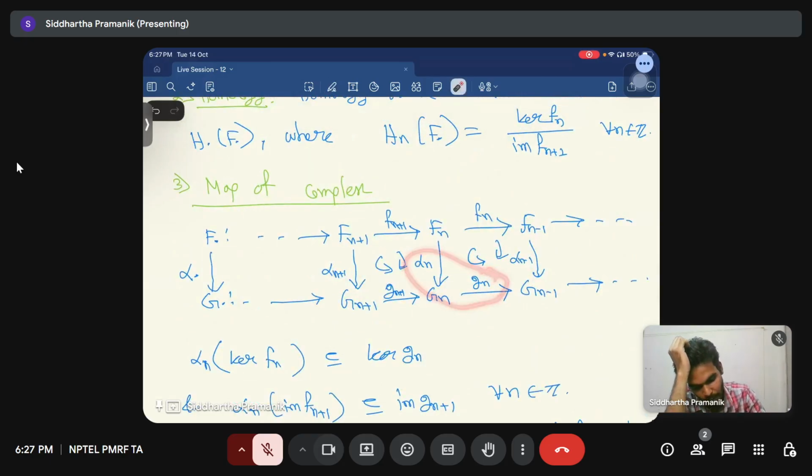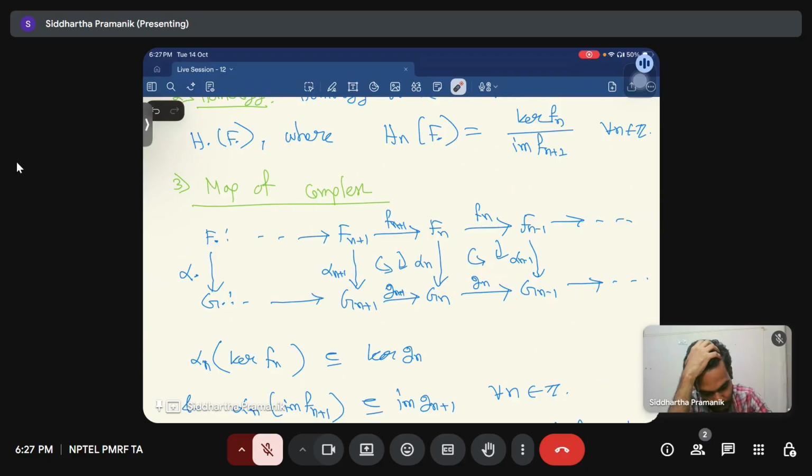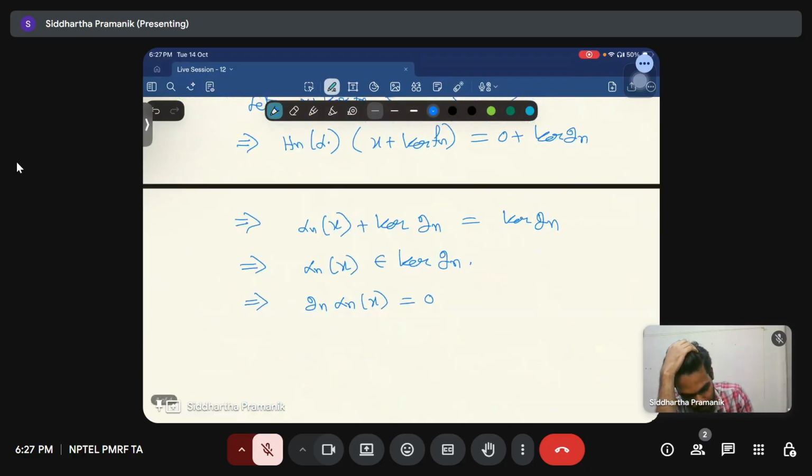Our x is here, and x maps to here is 0. So from this side also it will be 0. So it is alpha n minus 1 composed with fn. So this implies alpha n minus 1 fn of x equals 0. This is by commutativity of the square.